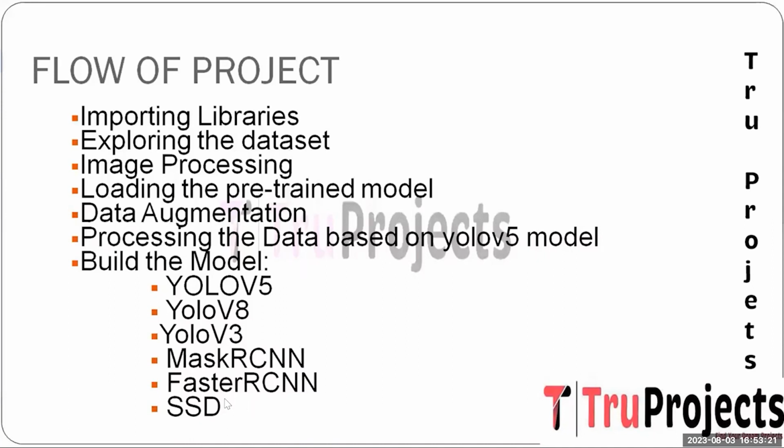And the next one is SSD. Single Shot MultiBox Detector is recognized for its real-time object detection capability, efficiently predicting the object class and bounding box coordinates in a single pass. It excels in speed while maintaining competitive accuracy, and in this project it is explored as a potential solution for human and face detection.